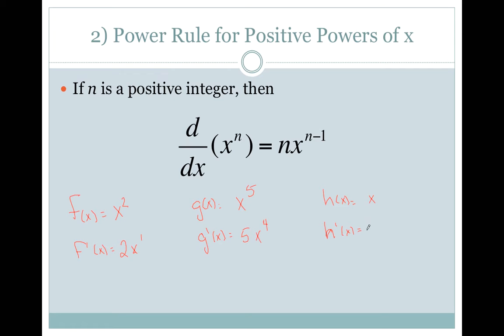So I need to bring the 1 to the front. This becomes reduce the exponent by 1, so I get 0. So it's 1. The derivative of a linear function is 1. Isn't that so awesome? We don't have to use the limit definition here because we've used it, we know it. Now we're going to use the tricks that come from the limit definition.